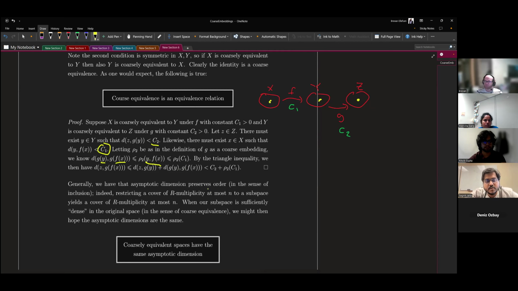Questions on that so far? Okay. Also we can use the inverse function, right? The thing that we just proved, because f is a coarse equivalence, so there exists a coarse inverse from y to x, and also there exists one from z to y. So compose that also. That will be the inverse of f composed with g, like the coarse inverse.